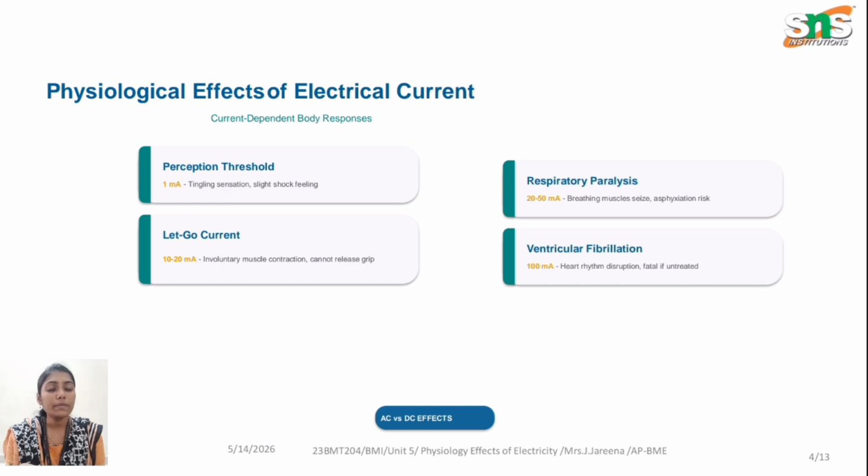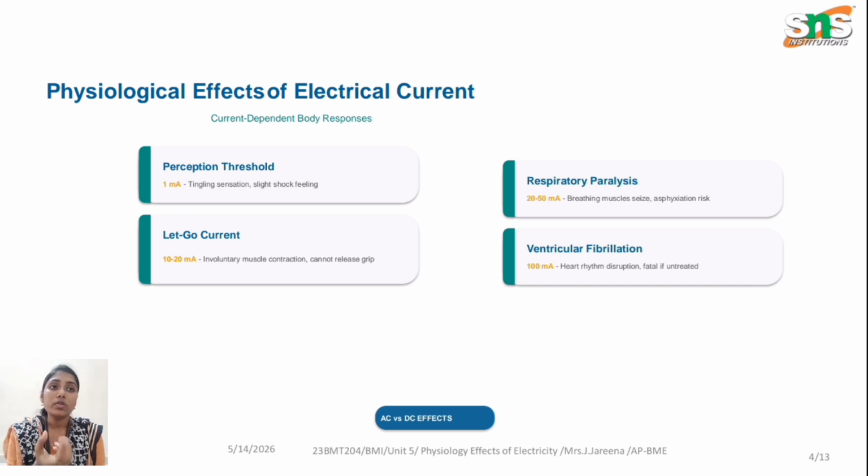If we do not look into this case very seriously, within a few seconds the oxygen supply to the brain will go down, and it will be fatal. It is very dangerous. So the level is 20 to 50 milliamperes, which mostly gives respiratory paralysis.